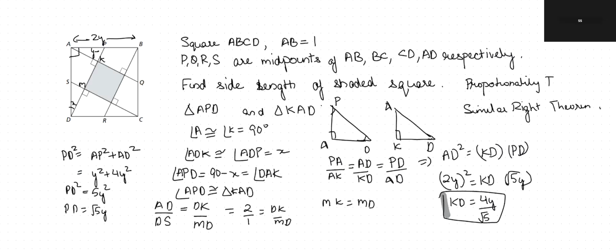So MD will be half of KD. And what was Y? The whole length AB is 2Y, means Y is half.